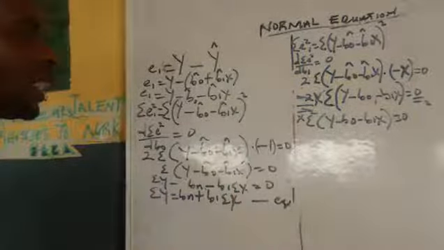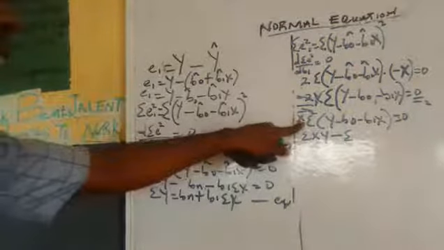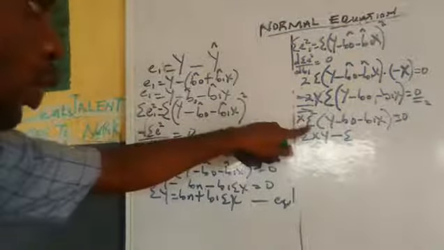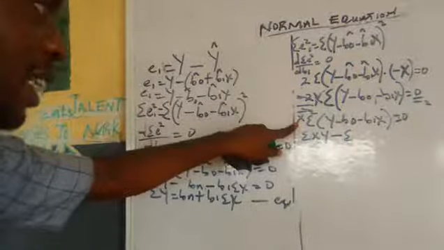Then summation x times this will give us minus b naught summation x.